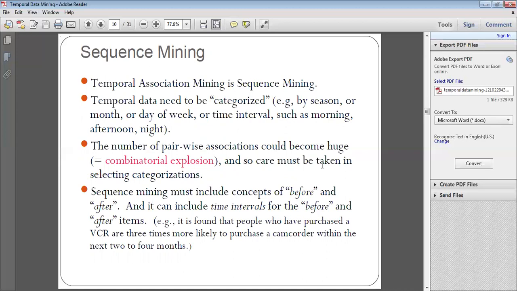It can include the time interval for the before and after events also. So basically, first of all, we do not know the probability. Then we find the sequence in the events and relate them to each other with the help of before and after statements. Later on, by analyzing, we associate them with the related probabilities.